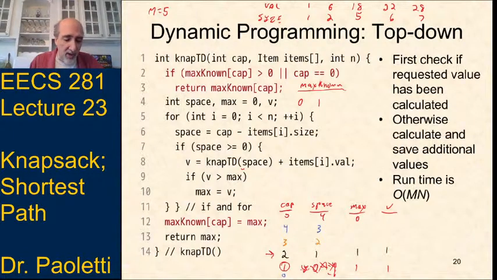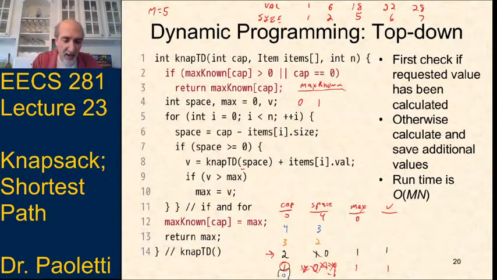Now we got to go through this for loop. Remember, we're still in the middle of the for loop in this recursive call. So we go back and we try a different item. We say, okay, what if I picked the item at index 1? That's the item of size 2. That would mean my space remaining would be 0. Is that greater than or equal to 0? Yes, so let's make a recursive call. I make a recursive call to size 0 again, and it returns 0.